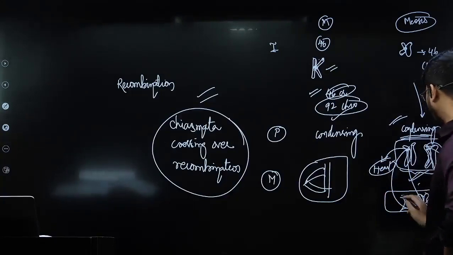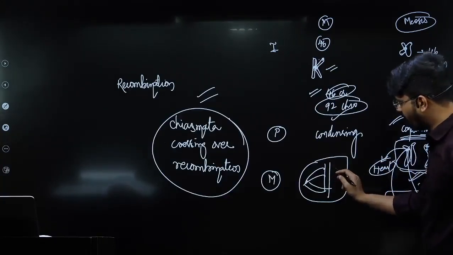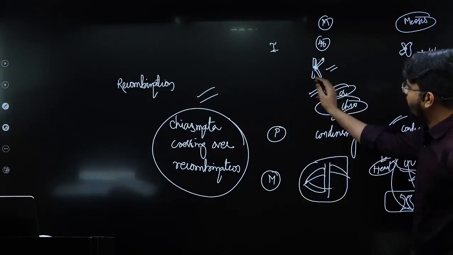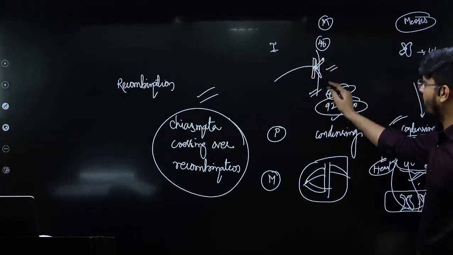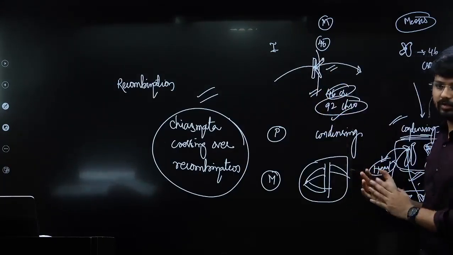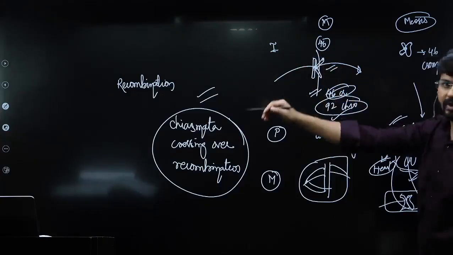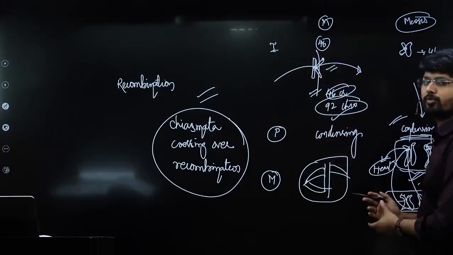Now again in the same manner they'll come to the middle. Here one chromatid goes to one end and the other chromatid goes to the other end. Here one chromosome is pulled to one end.